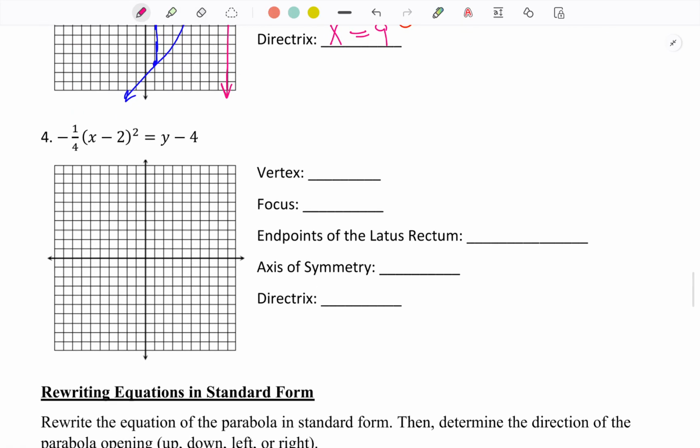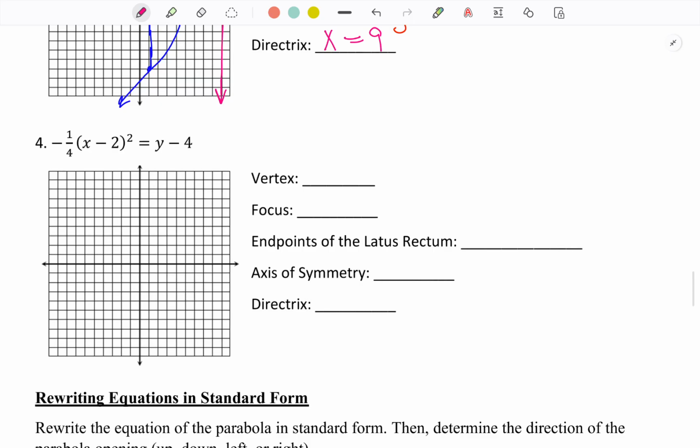So for number 4, we have a negative 1/4 times x minus 2 squared. So this is going to be vertical because it does open, well, we do have x squared, but we need to look at our p to figure out which way we open. And so this equals y minus 4.